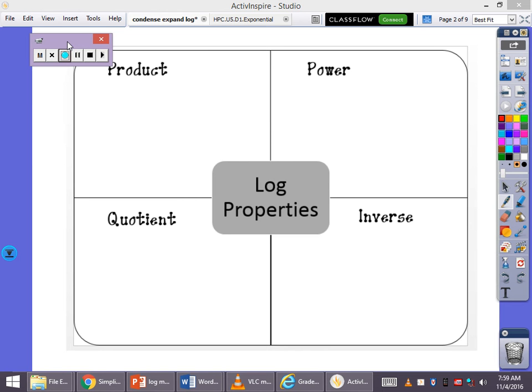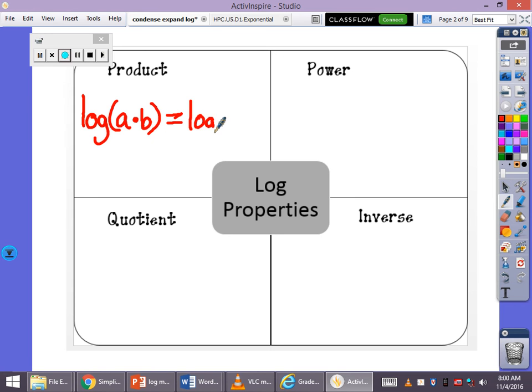We added. So log is no different. If I have the log of a times b, I am really doing log of a plus log of b. When you multiply like bases, you add. So that's where it ties into the exponent.